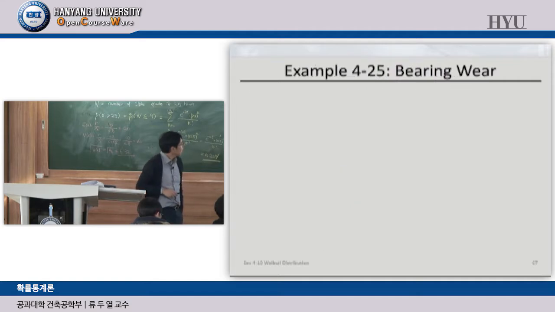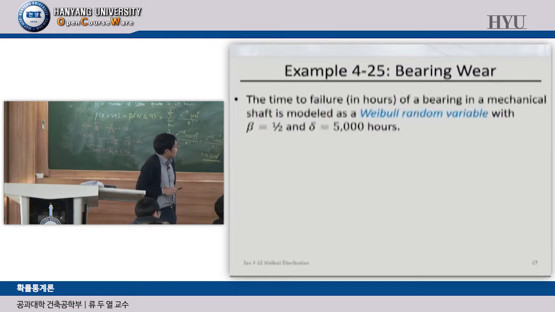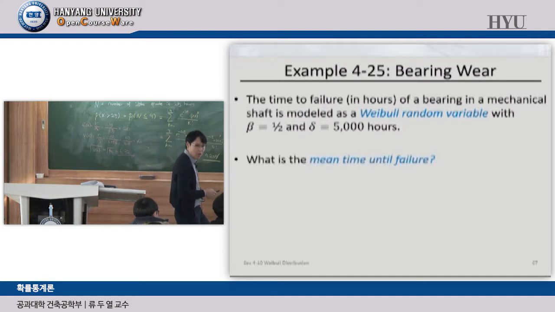And this is the example. The time to failure of a bearing in a mechanical shaft is modeled as a Weibull random variable with beta equal to 1 over 2 and delta equal to 5,000 hours. And what is the mean time until failure?